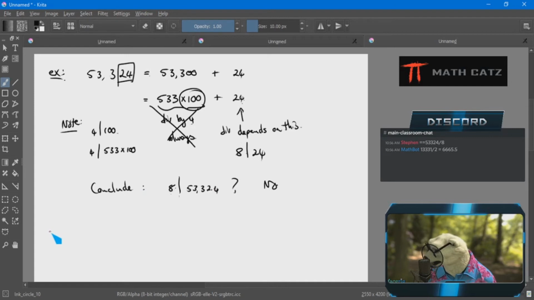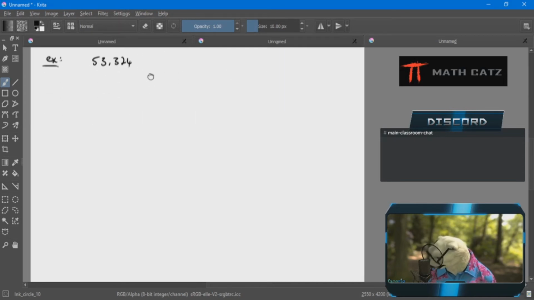So how can we adjust this so that I can have a test for 8? Well, let's take the same number. I just don't want to keep erasing this. We're going to have to pull it apart in a different way. I'm going to take 53,000 and then 324.